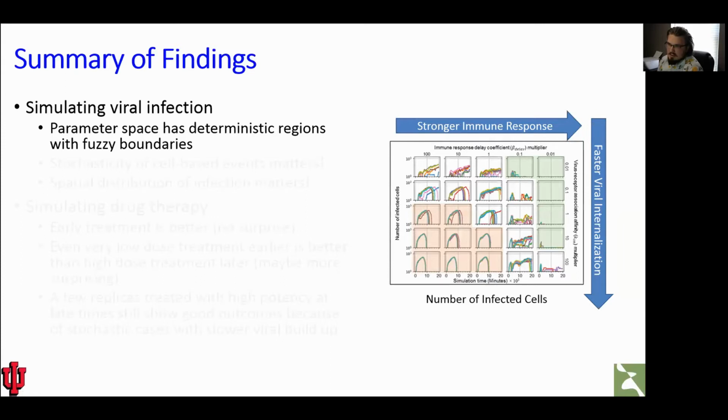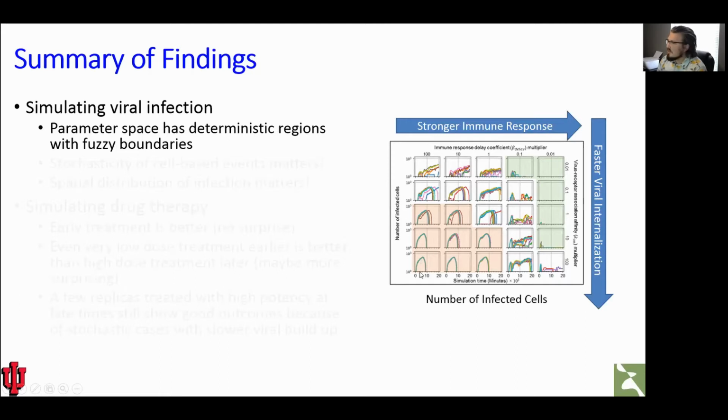Now we did lots of parameter sweeps of various mechanisms of interest in the viral infection model. And what we found with all the sweeps that we've done is that we can find extrema within ranges of parameters where simulation replicas, multiple instances of simulations, when you run them over and over, in extreme regions, we find that all simulation replicas will tend to behave as a deterministic system.